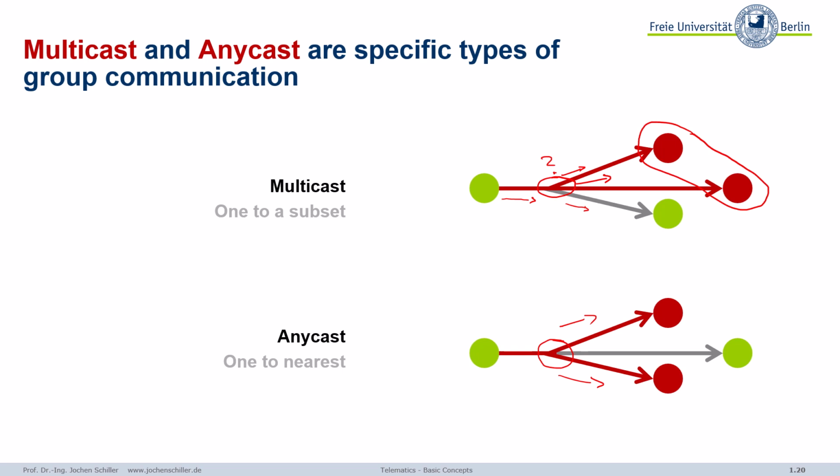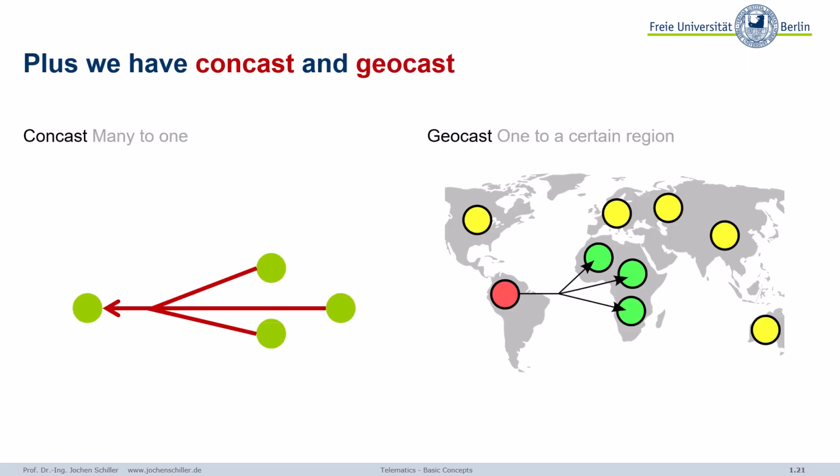Then I do not care if this computer or that computer sends back the answer, as long as one out of a group sends back the answer. Anyone, I don't care which one, then it's fine. So maybe one of the computers is overloaded, then the other can do the job, or vice versa. I don't care. There are some more scenarios, not that common, but just to mention them.